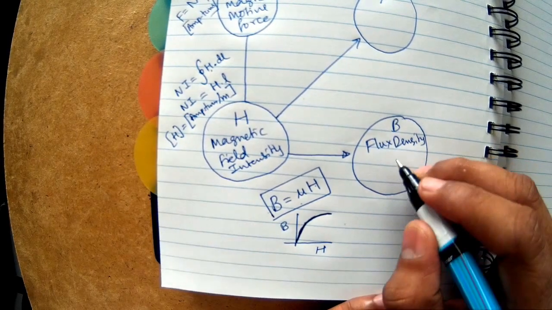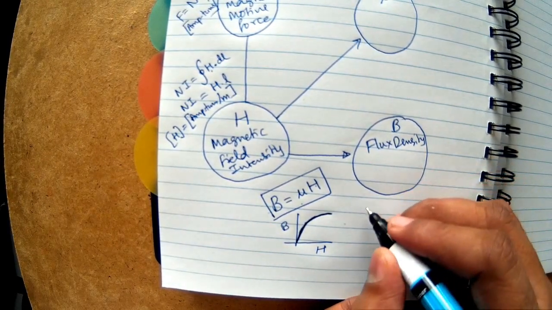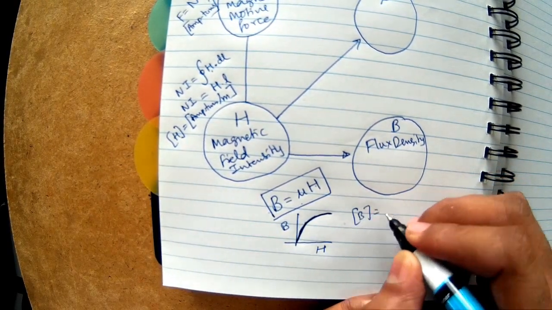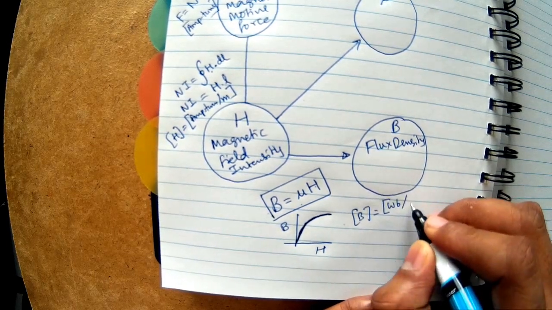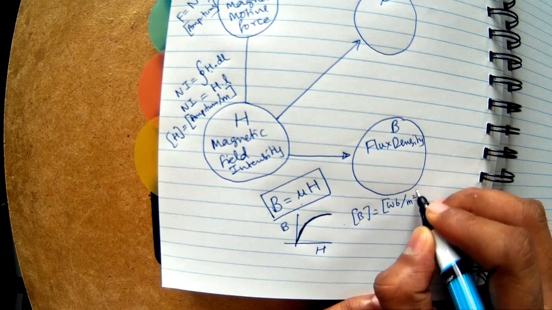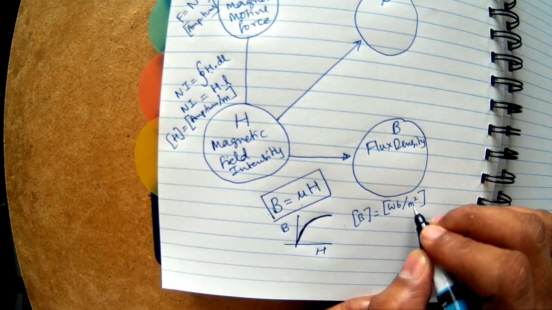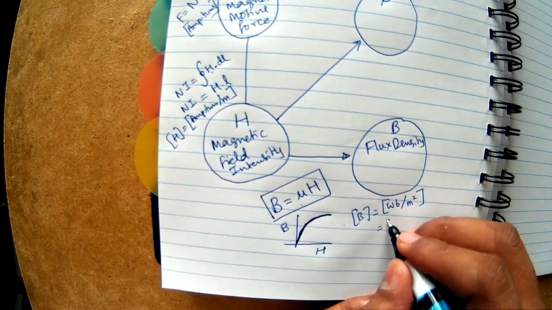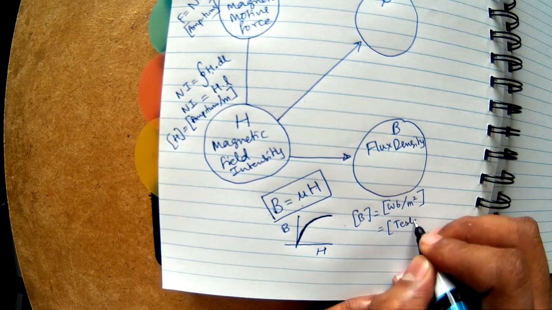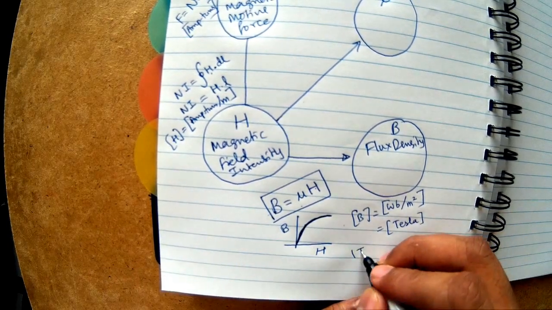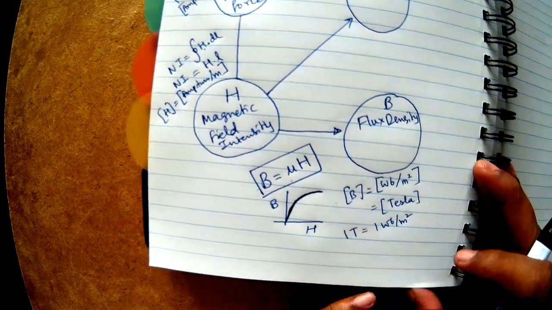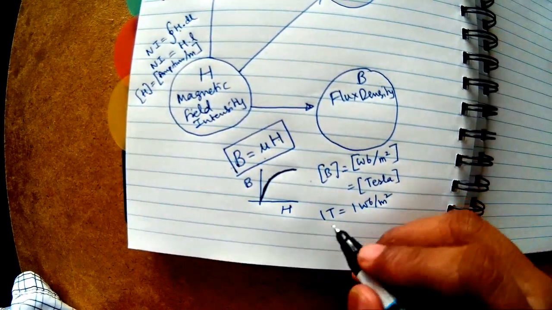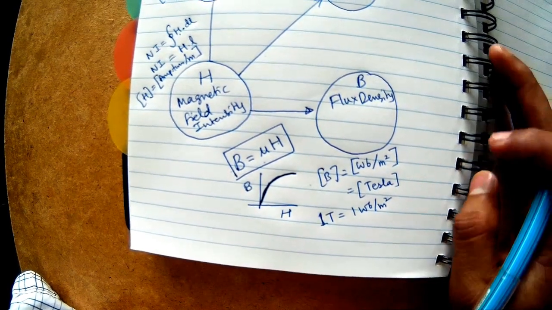Okay. So what is the unit of B? The unit of B is flux density. Flux is measured in Webers and area is measured in meter square. So Webers per meter square is the unit of flux density. It's also called Tesla. So 1 Tesla is equal to 1 Weber per 1 meter square. So that is about flux density.